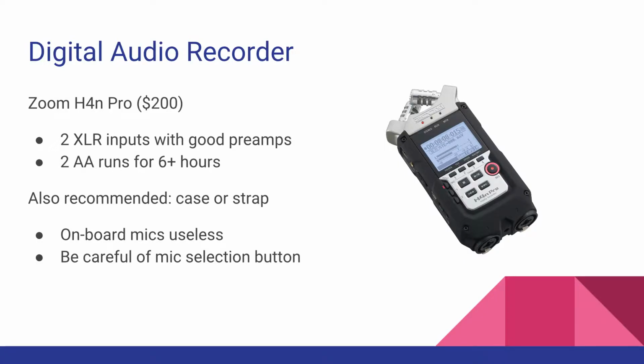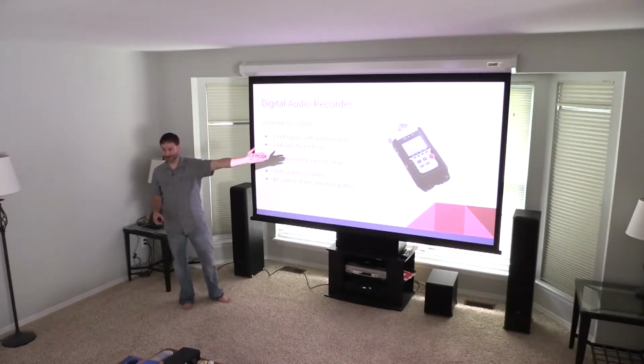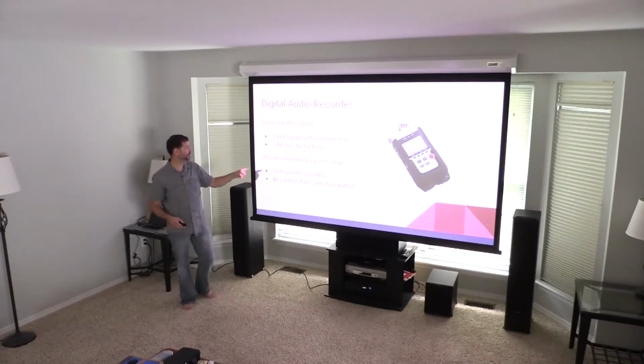All right. So digital audio recorders. So this is my recommendation for the least expensive recorder that you should get. You should be encouraged to spend more if you have more. But this is a $200 recorder now. It's come way down in price. You can get it locally probably.